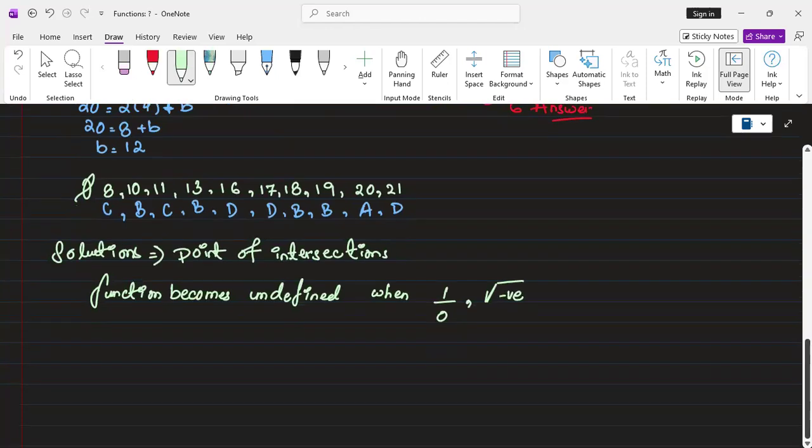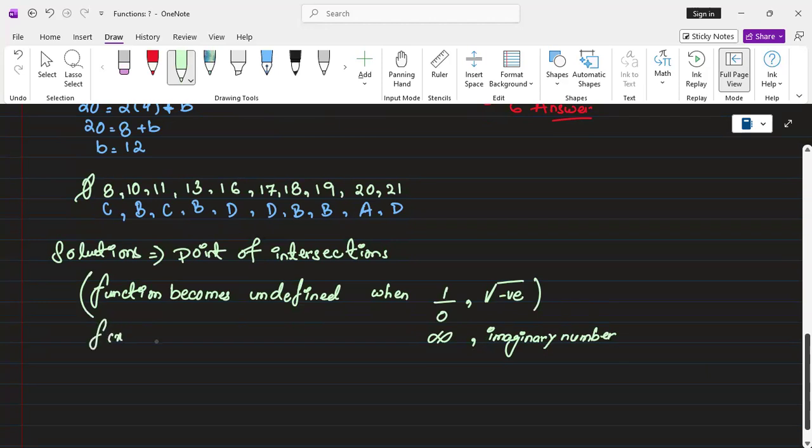Because if the denominator is 0, the answer is infinity. This is also infinity. And in this case, it's an imaginary value. Imaginary number, so we cannot solve it. So remember one thing, the function becomes undefined when the denominator is 0 or the root is a negative value.